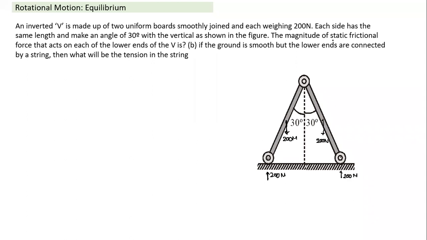The question asked here, similar to the previous question, is what is the friction which will act at this point? Here also friction will act, and even here also, because of symmetry, both forces are like mirror images. There won't be any vertical force acting at that hinge on top. How can you say that it will not have any vertical component?